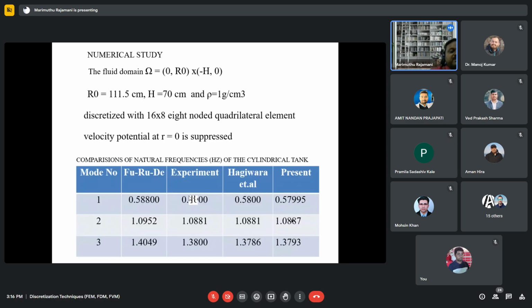For the numerical study, the tank considered has H equal to 70, rho equal to 1 gram per cubic cm, and R0 equal to 111.5 cm.